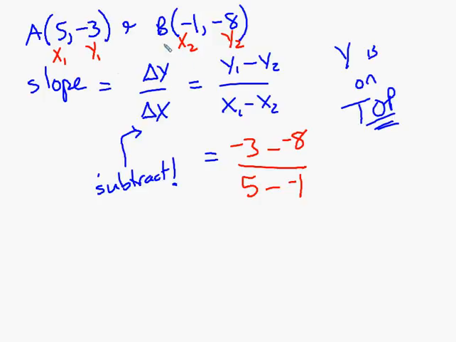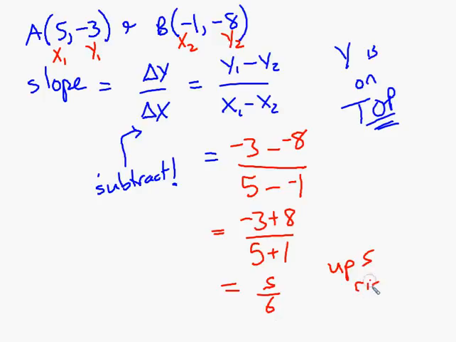Point 1, point 2. y1 minus y2. x1 minus x2. Now, when I see minus minus, I should think changes to plus. Now I combine, I get 5 over 6. That means go up 5, right 6. That's my slope.